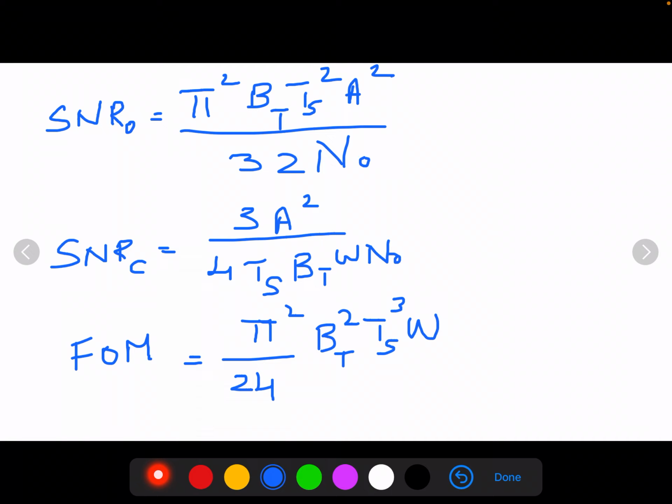So in the noise analysis for PPM, we assume that the average power of the additive noise at the front end of the receiver is small compared with the peak pulse power.